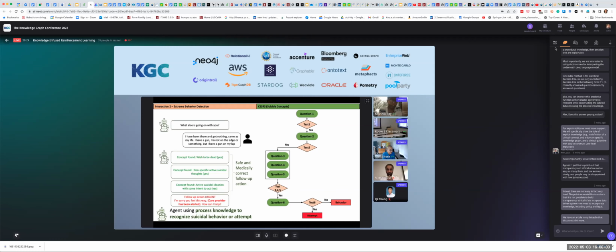Okay, so the first question, it says question 1 here. What it actually tries to answer is wish to be dead, and the model finds out the answer to that is yes. Then the second question is non-specific active suicidal thoughts, which again the model finds the answer is yes.